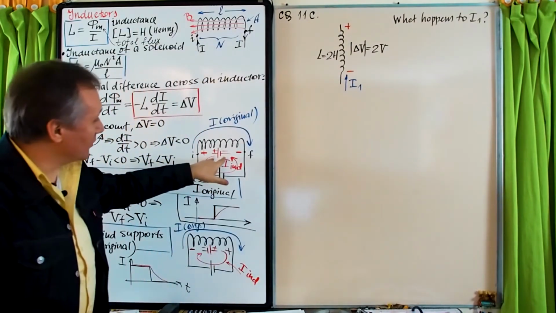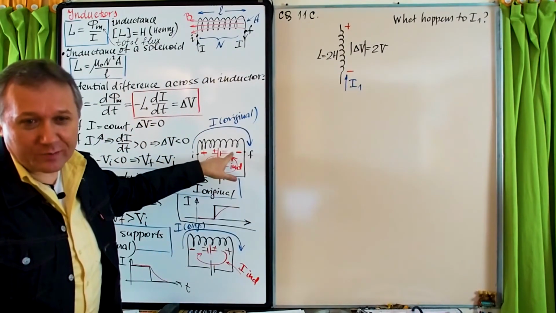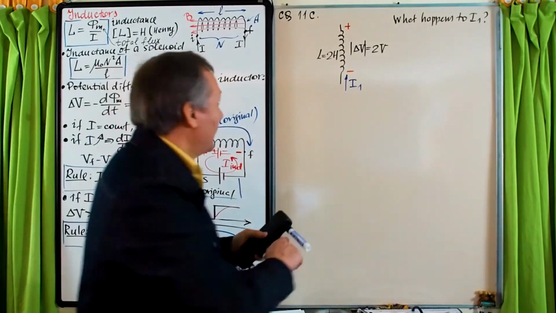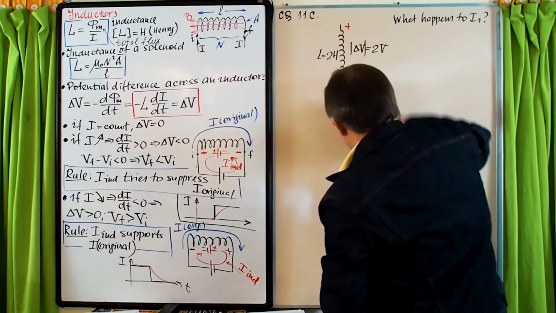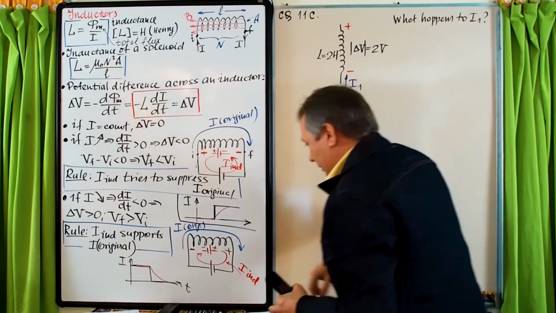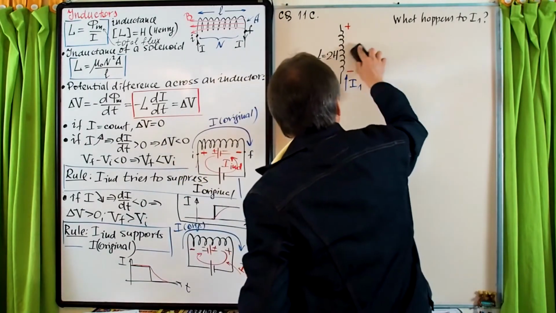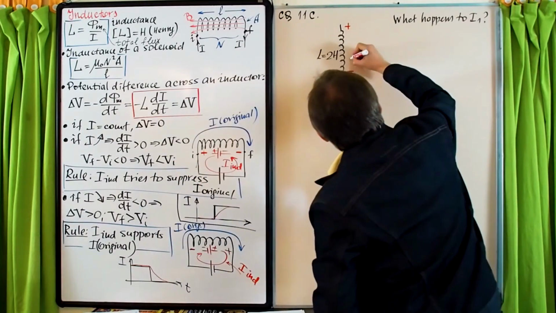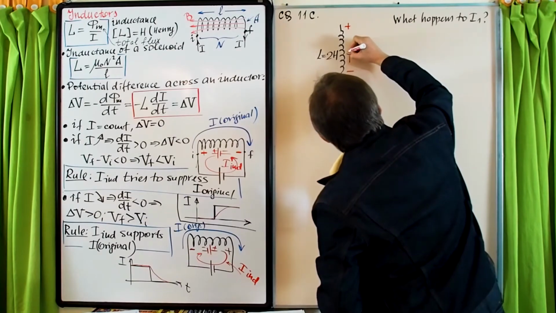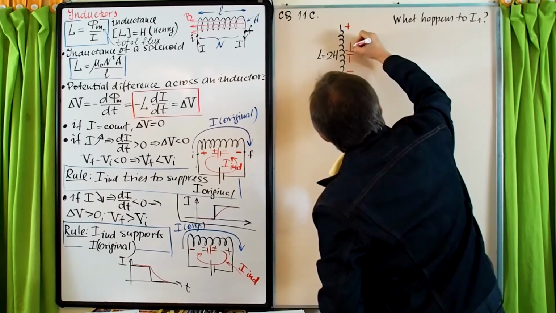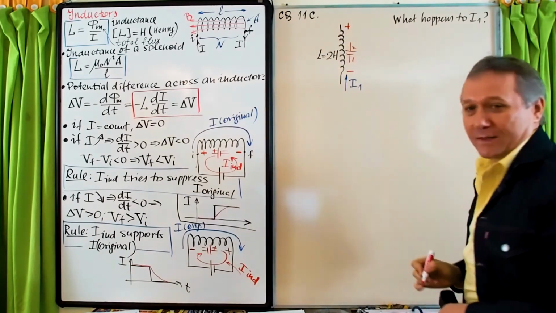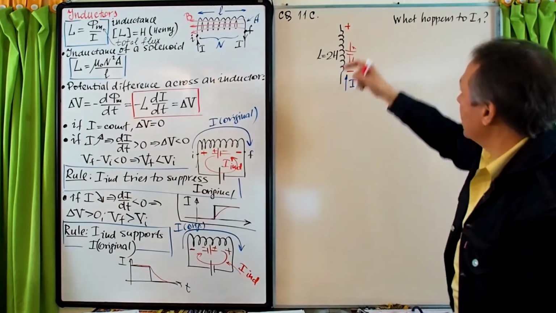So again, I can draw some small effective battery with this polarity. Let me draw it so it behaves like this, plus minus.